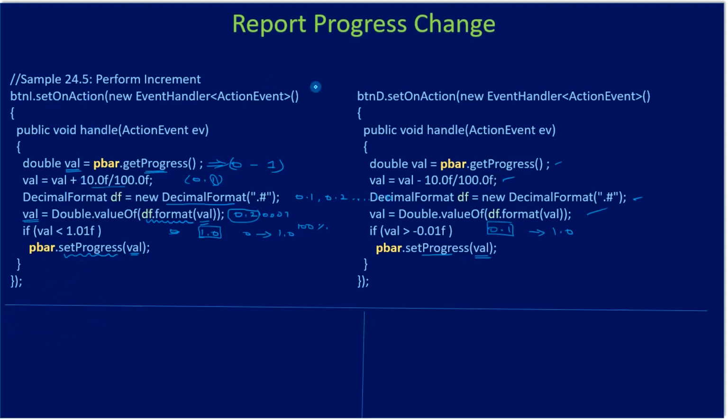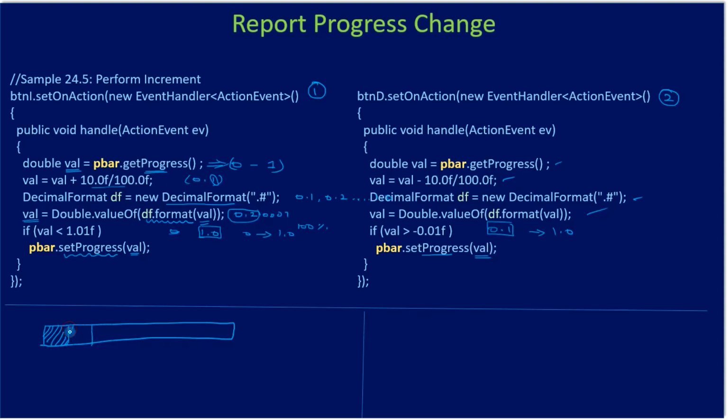So this is action 1 and this one is action 2, and this will be our progress bar. If you see, we initially set progress as 0%, and once you click the increment button, you will see a shade here indicating 10% completed.